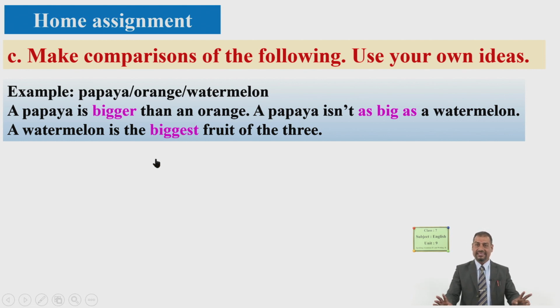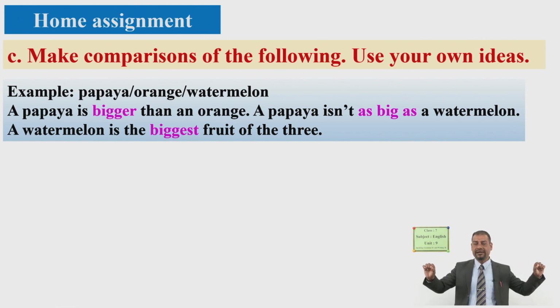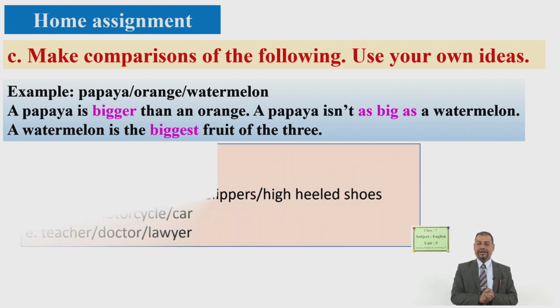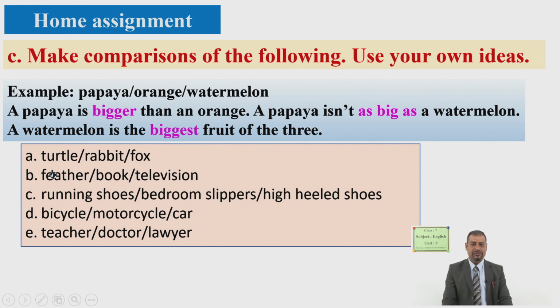So in this task, you have to use three structures. One, comparative form, adding more or er. Another, as plus adjective plus as, okay? And another one is superlative form. Is the idea clear to you? Well done. Now, the task you have to do at your home. See, A, turtle, rabbit, fox. You have to make comparison as shown in the example.